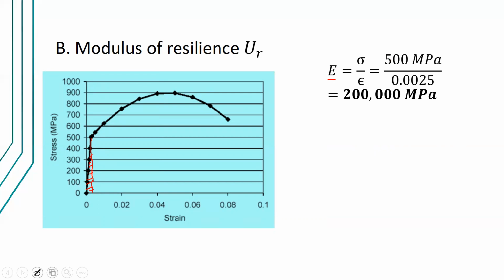The slope of that line is the Young's modulus E. It begins at 0.00 and ends at approximately the yield point. So it's just rise over run. That would be 500 over the strain at that point, which is around 0.0025. Therefore, the Young's modulus is 200,000 megapascals.